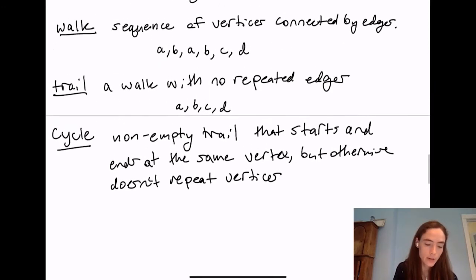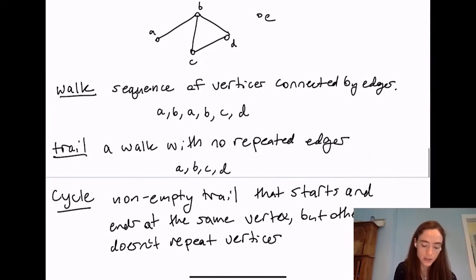So if we go back to our original graph, you can imagine a cycle as just starting at the same location in your graph and then walking along edges until you end up back at the same location without repeating vertices or edges.